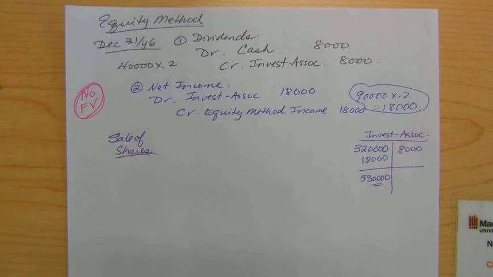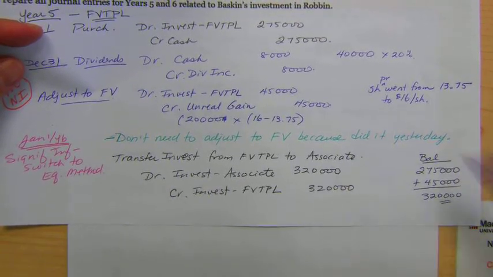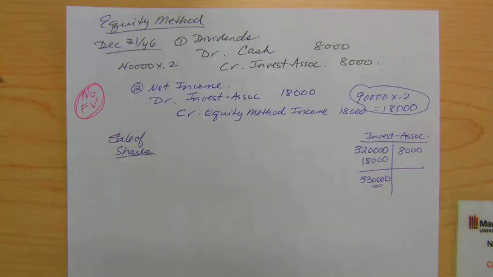Oh no, I hope not. 320 from this last entry where we transferred it in. Did I do my math wrong? No. Okay. You never know with me, you guys, on the next question. I kept screwing up the number of shares.